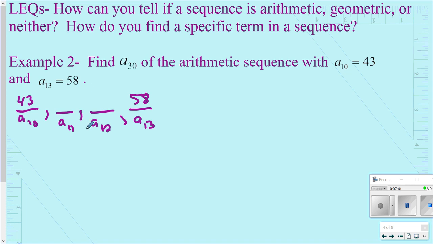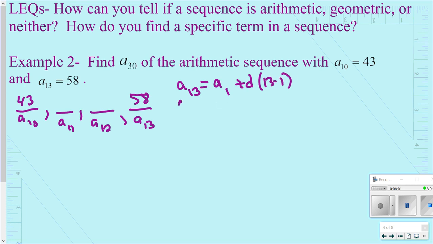So we have two options for how we can do this, and I'm going to show you both here. What I do know is the 13th term. So if I start using the arithmetic explicit formula, the 13th term is equal to a sub 1, which I don't know, plus d, which I don't know, times 13 minus 1.